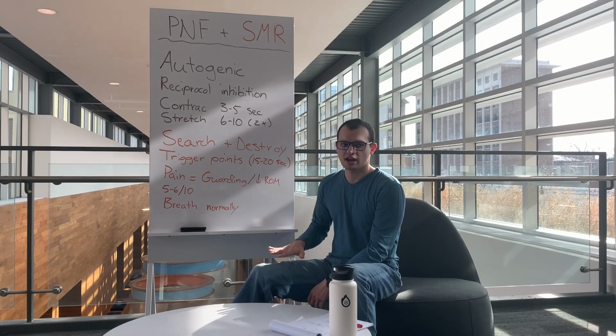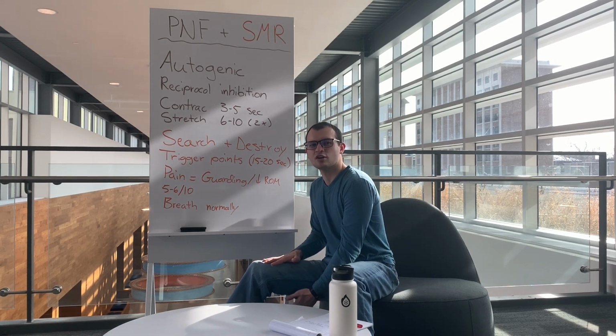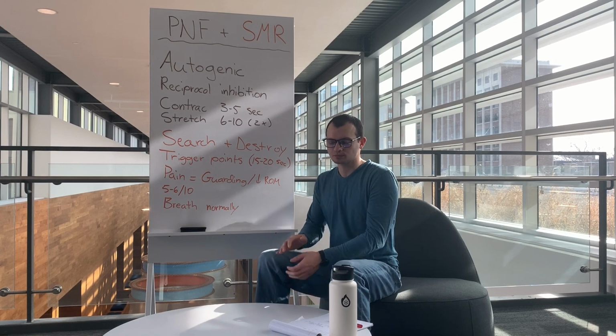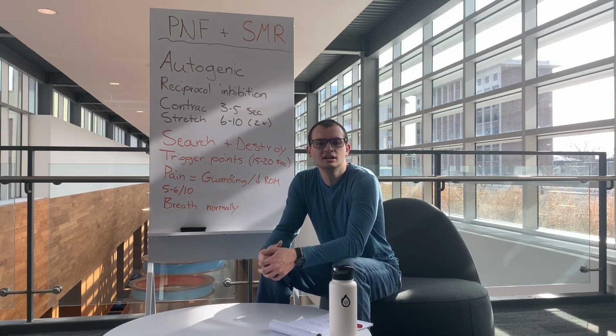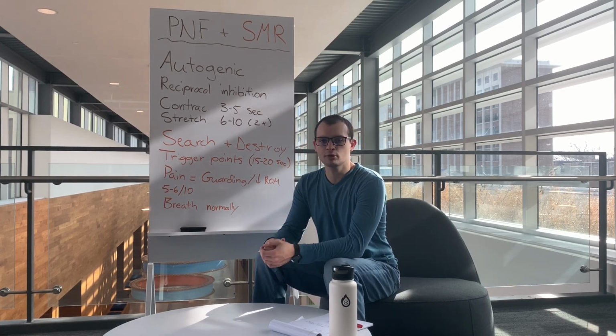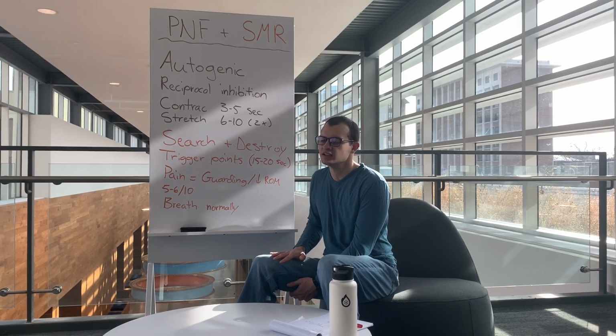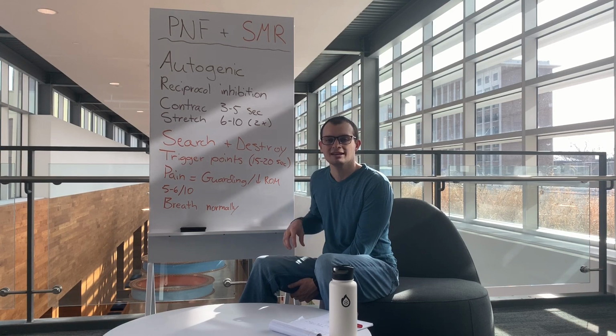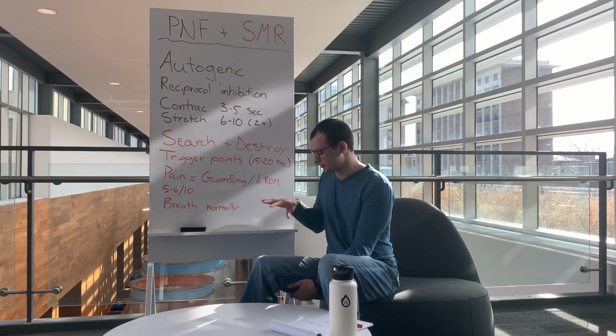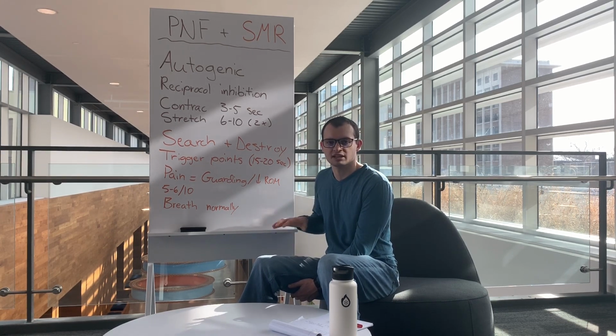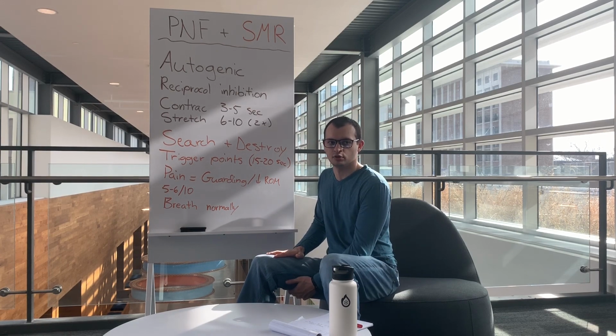So if I get a contraction of my quadricep, why would that cause my hamstring to relax? Well, this goes back to the idea of muscle tension. And remember that at rest, my quads and my hamstrings aren't at 0% activation or 0% tension. They have a certain amount. So let's just say, hypothetically, my quadricep is pulling 20 pounds right now and my hamstring is pulling 20 pounds.